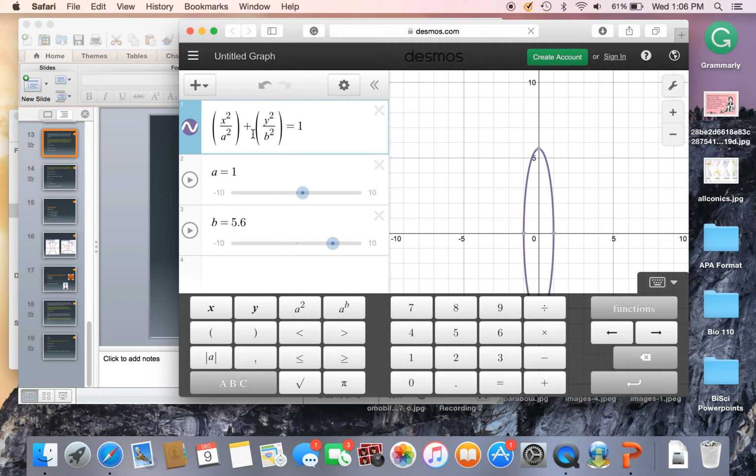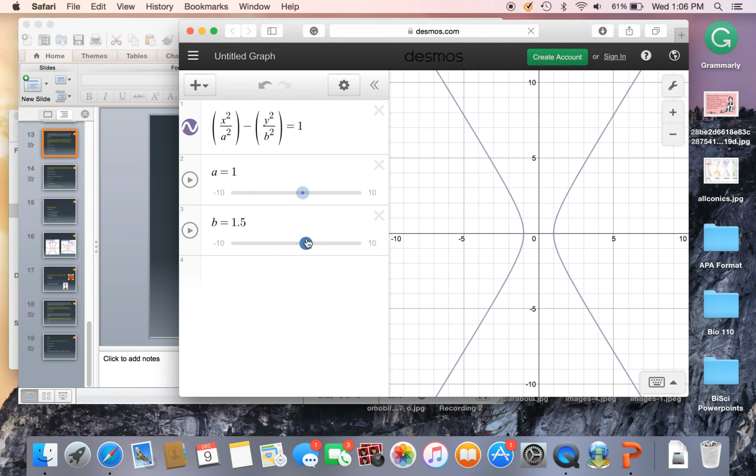Notice how similar the equation of a hyperbola is to an ellipse. We just substitute the addition sign for a subtraction sign. So here we have a horizontal transverse axis hyperbola with these curves opening up towards the left and right.